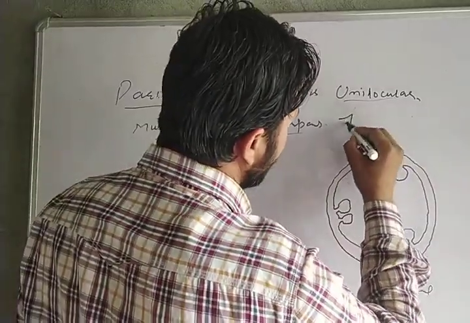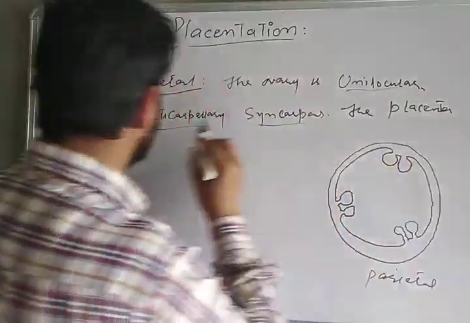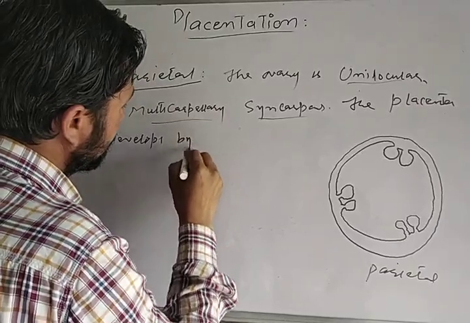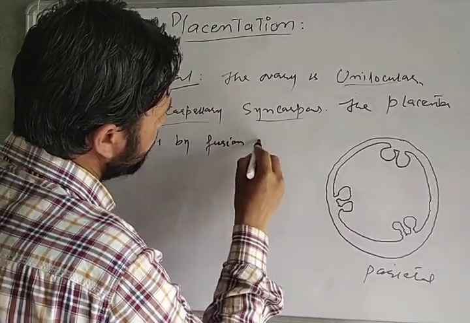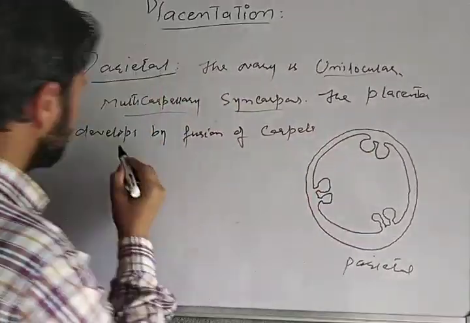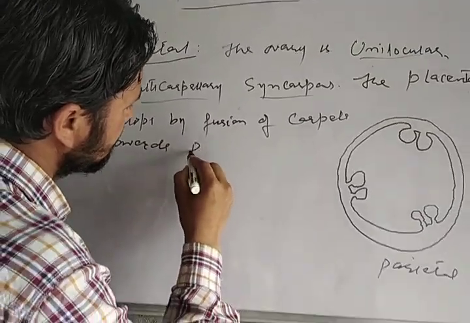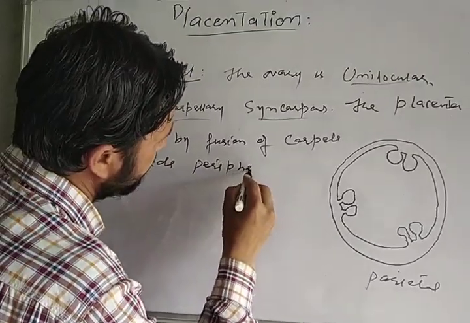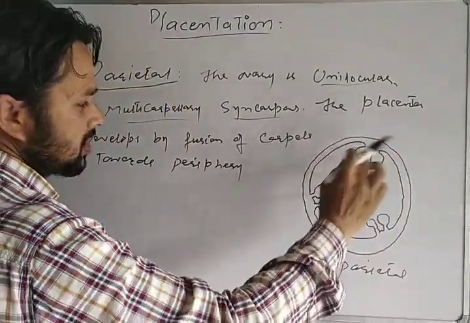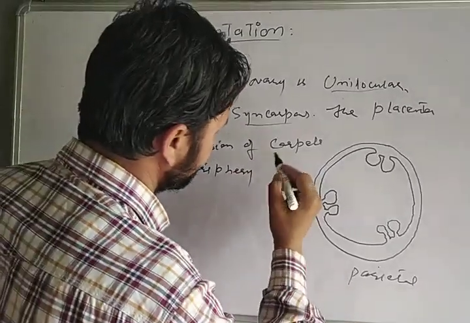Now we can also write here: the placenta develops by fusion of carpels towards the periphery of the ovary.